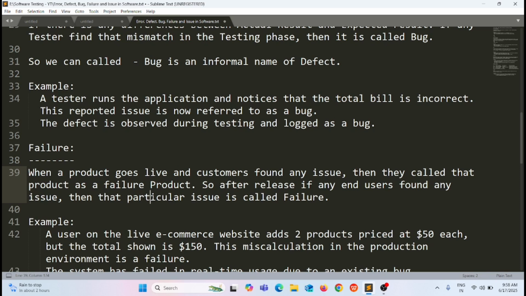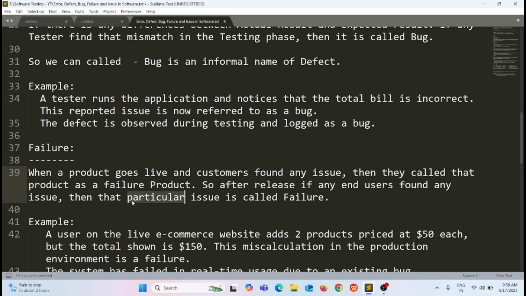So when a product goes live and the customer finds any issues, then the customer says that the product is a failure product. After release or after production, if any end user or customer finds any issue, you have to remember that for that particular issue, the software is a failure.